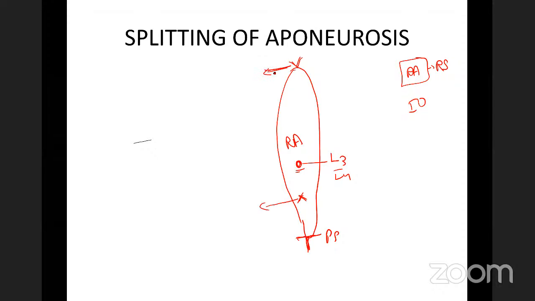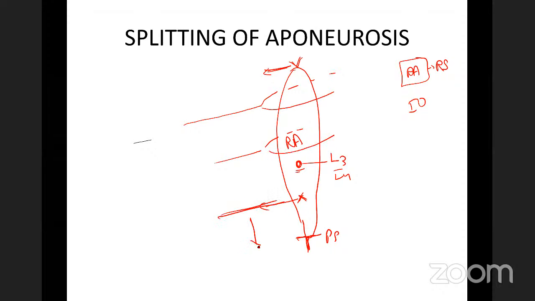From the xiphoid process till this midpoint, the internal oblique muscle will split into posterior layer and anterior layer, and it will hug the rectus abdominis muscle, forming the rectus sheath. This splitting extends only till this region.